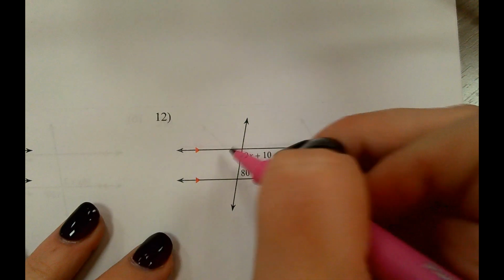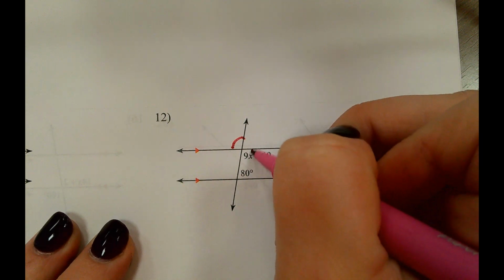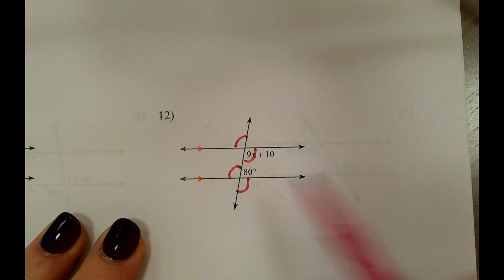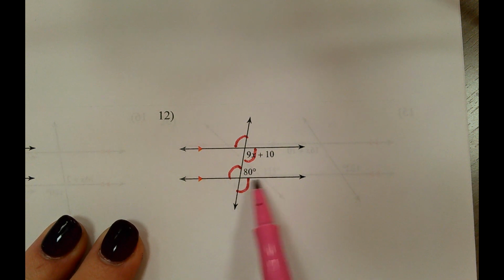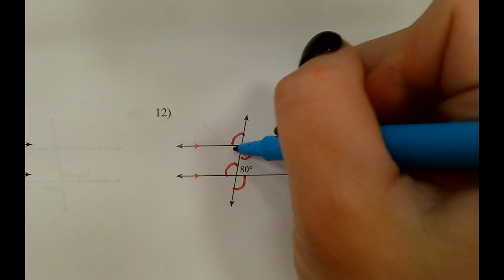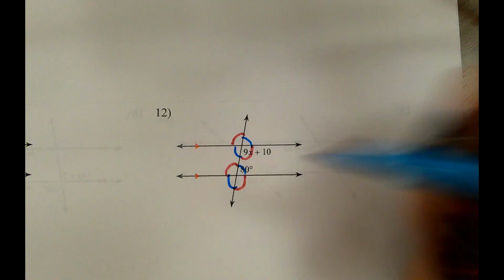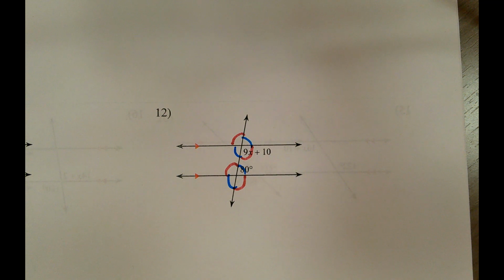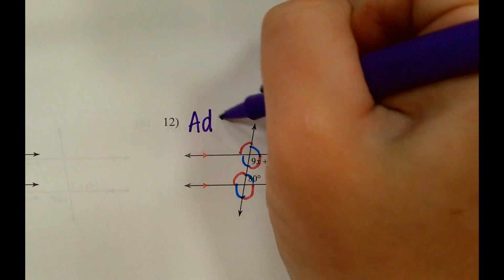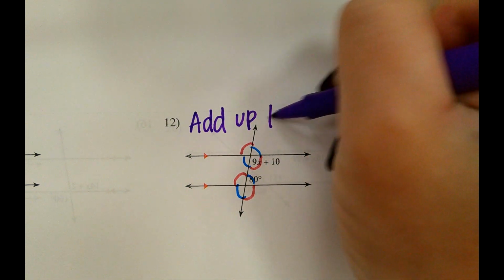The other thing you can do is go through and mark all the angles that are equal. These across, these across. Notice how that 80 is not included, so they can't be equal. So these add up to equal 180.